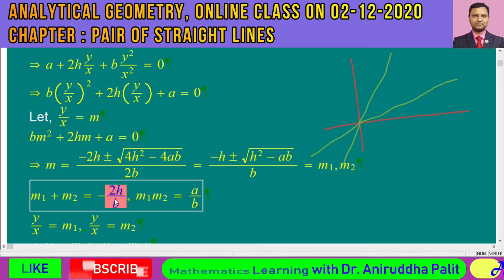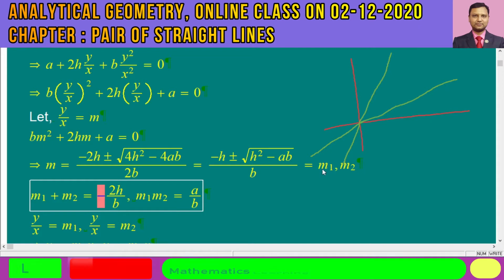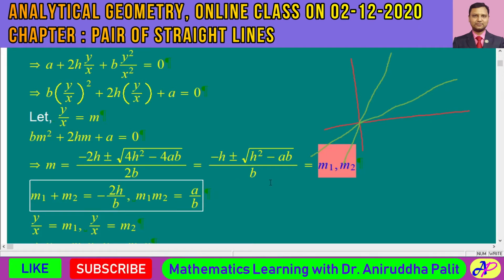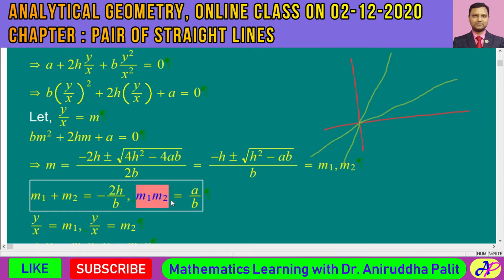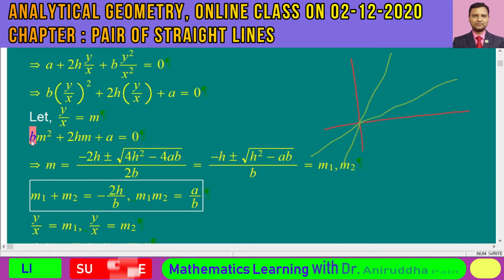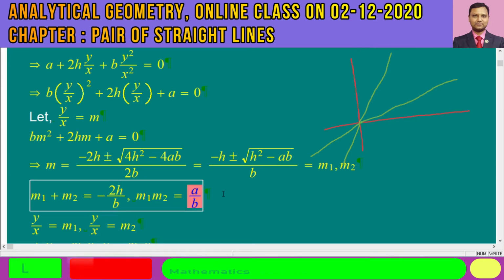So we shall have minus twice h divided by b, and the product of these two roots m1 and m2 must be equal to the constant term divided by the coefficient of m square, that is equal to a by b.